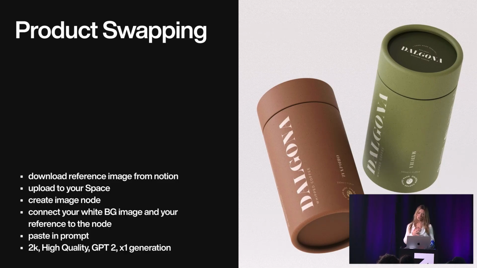It's: replace the two cylindrical products in the second reference image with two of the matte black supplement jars with metallic text, but you can use your own product description. Same process: upload the image, create a node, connect them, paste in the prompt. We're going to do GPT-2, high quality, 2K, and 1x generation, and then hit generate in theory.